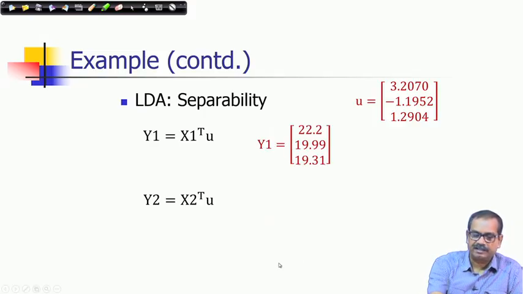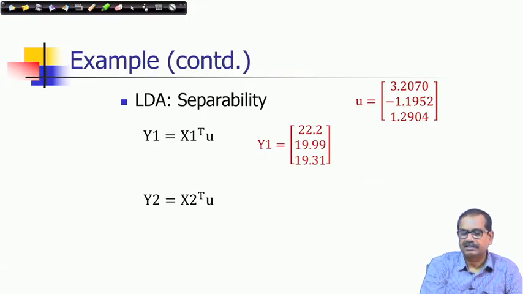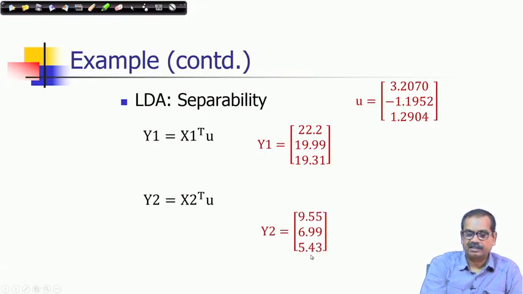You get them as column vectors, with 3 data points each. These are the projections for y1 and these are the projections for y2, and you can see that their intervals are well separated, because the range of y1 is 19.31 to 22.2, whereas the range of y2 is 5.43 to 9.55.